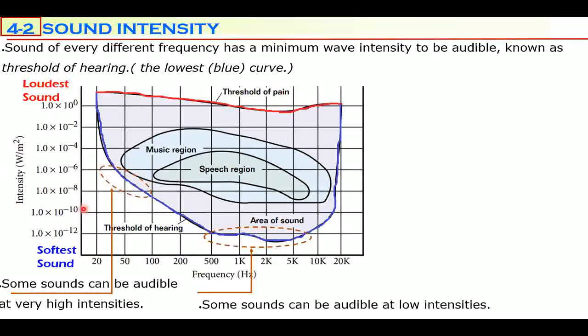But around 1000 hertz, we need the lowest intensity. So this is the lowest intensity of sound which can be audible. Some sounds can be audible at very low intensities, but some sounds only at very high intensities.